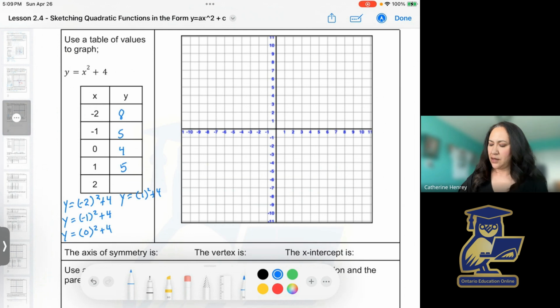And then y equals 2 squared plus 4, and that's 8.